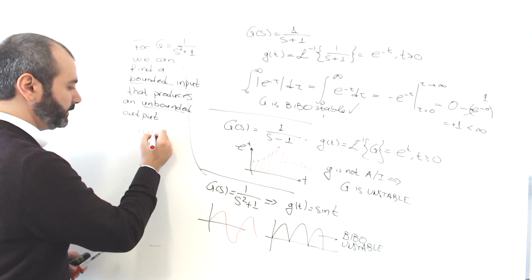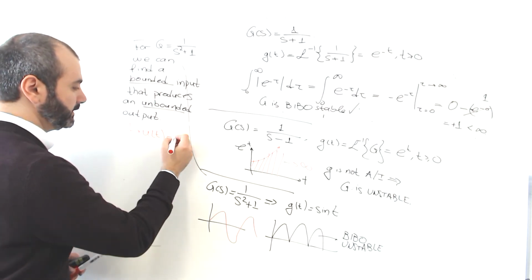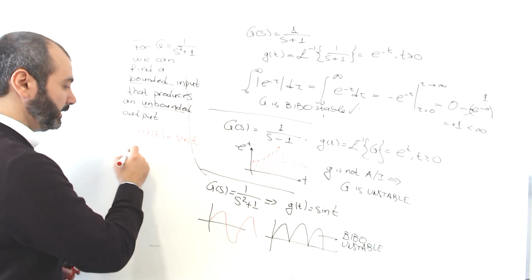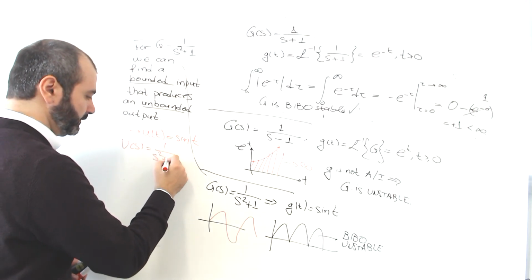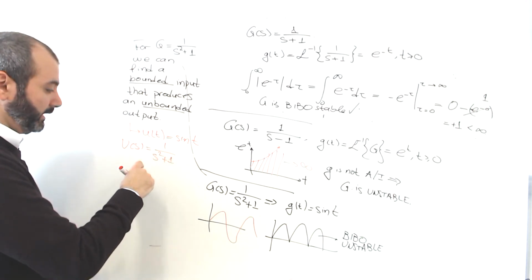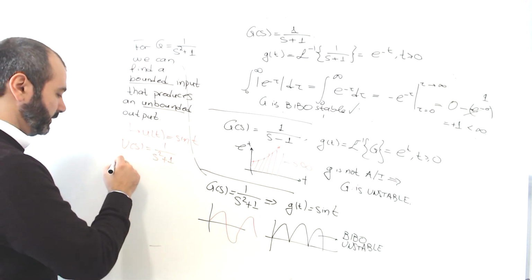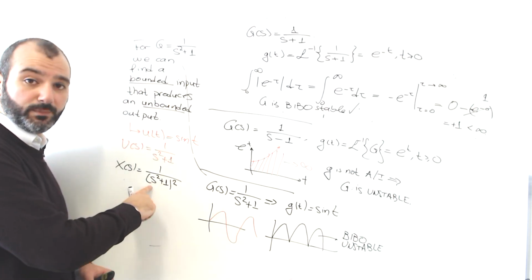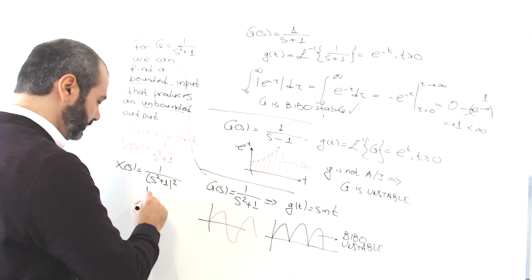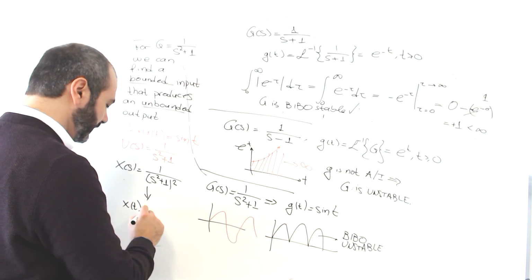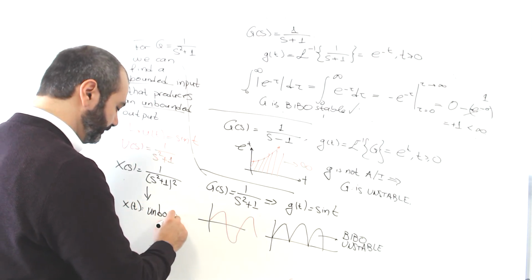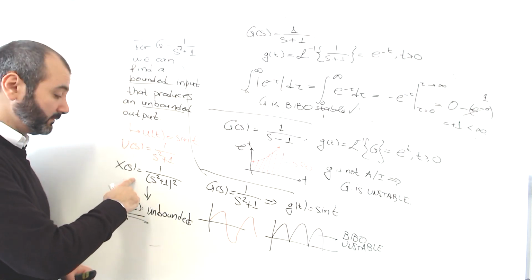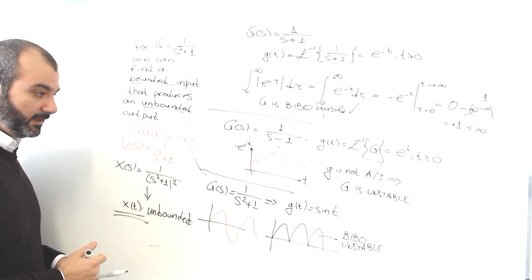So here, u of t is sine of t, which will produce an unbounded output. Why? Because that will be the Laplace transform of u, and x of s will be 1 over s squared plus 1 squared. And we know very well that x of t in that case is unbounded. I will leave it to you to find the inverse Laplace transform of x of s and write x of t in the time domain.